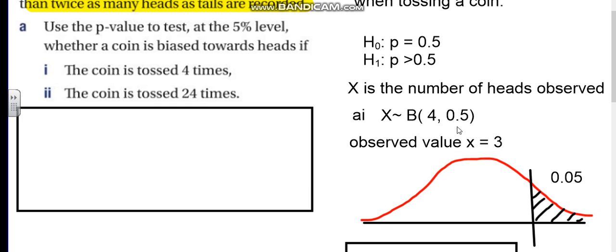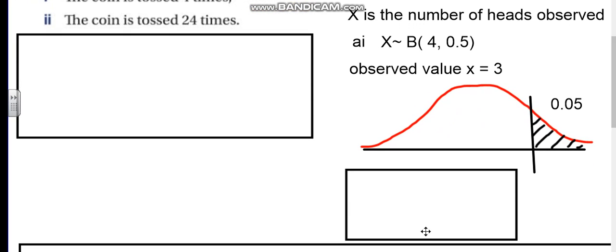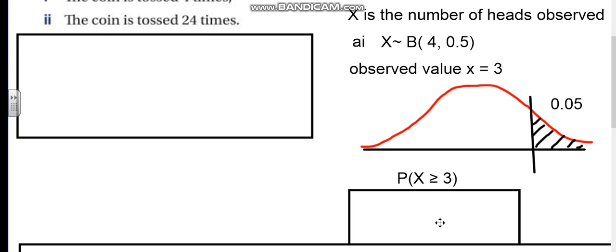So what I'm going to work out is, where is 3? Is 3 in this bit or 3 in this bit? Okay, and I'm going to work that out by looking at what's the probability of being greater than or equal to 3. Okay, so we would start by looking at the probability X is greater than or equal to 3. We can't do that on our calculators, okay?